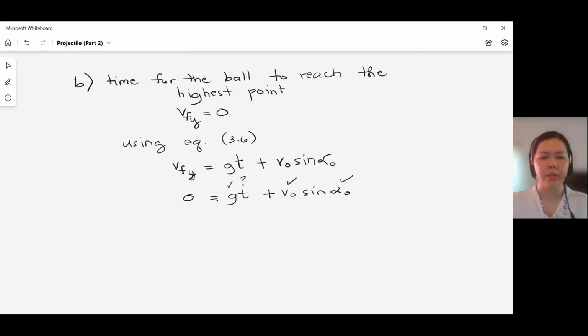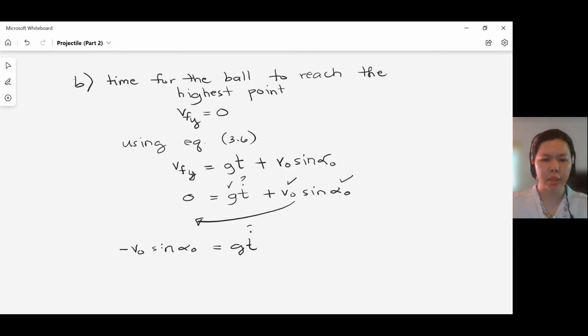So we can use this equation by transferring the second term on the right to the left. It becomes negative V naught sine alpha naught equals GT.